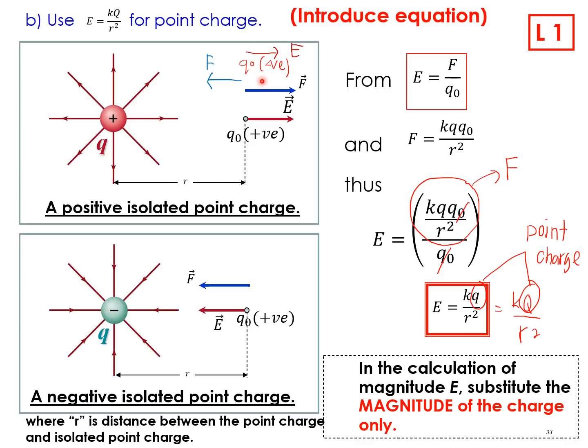Even with a negative test charge, the direction of electric field is the same as before, because we don't change the point charge.